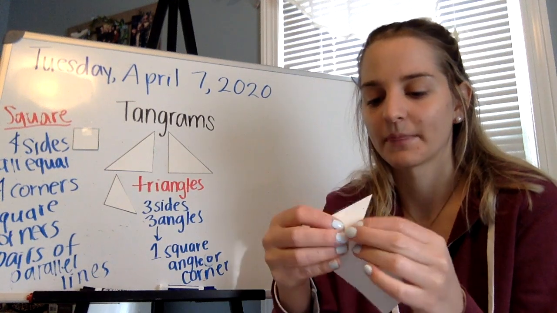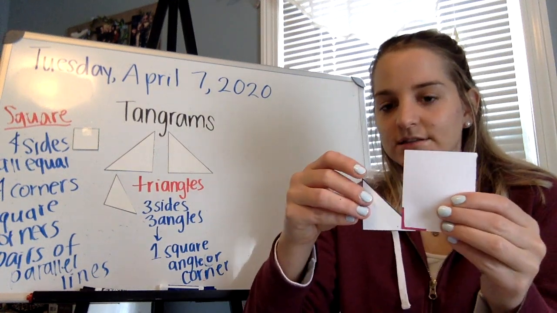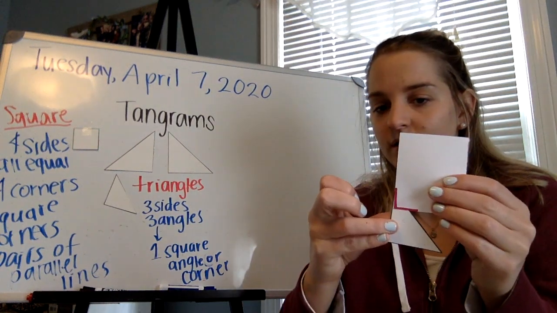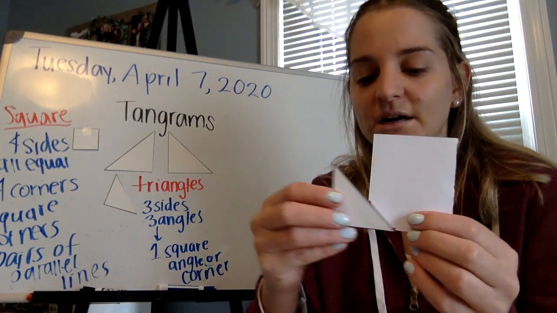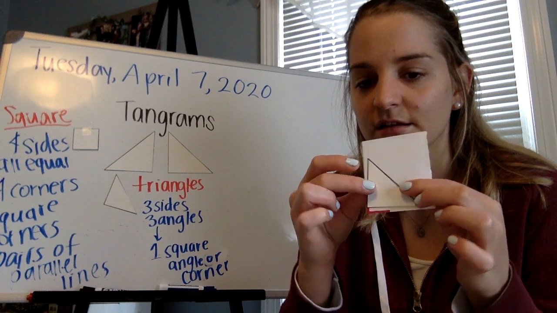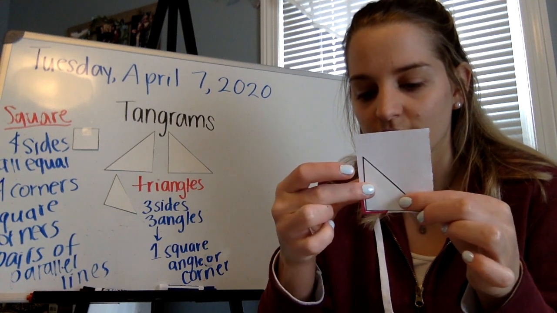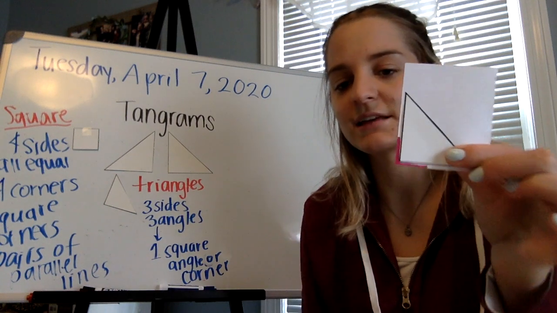So let's see. This angle is not square. This angle is not square. But if we turn it like this, look, this angle is square.